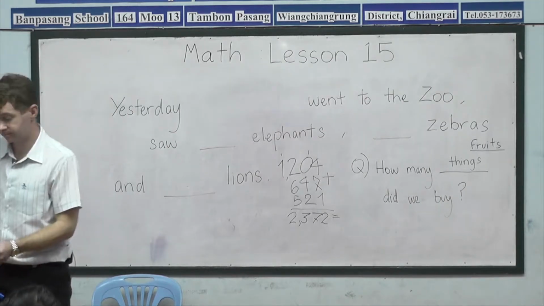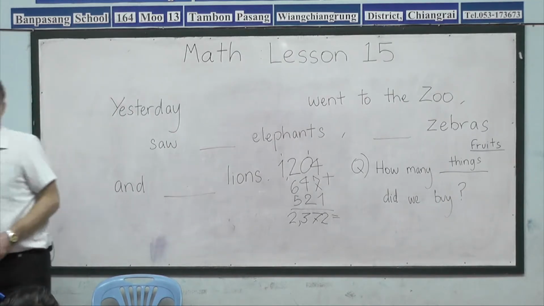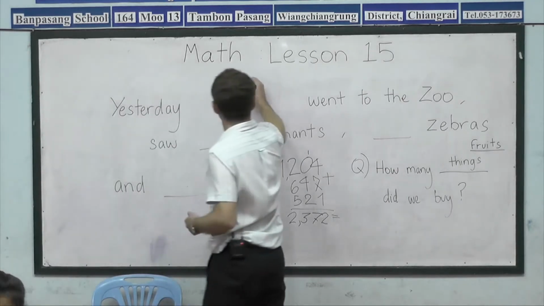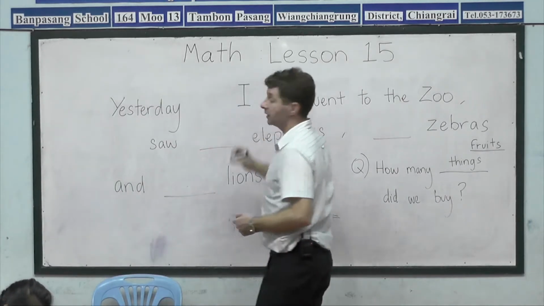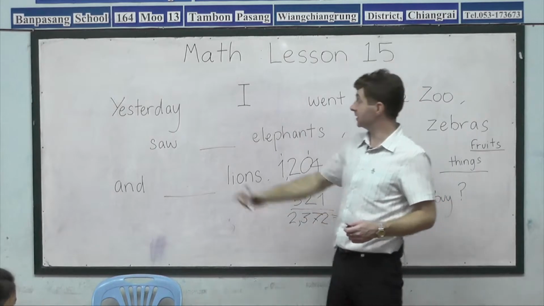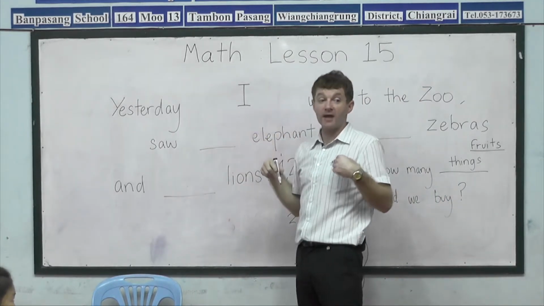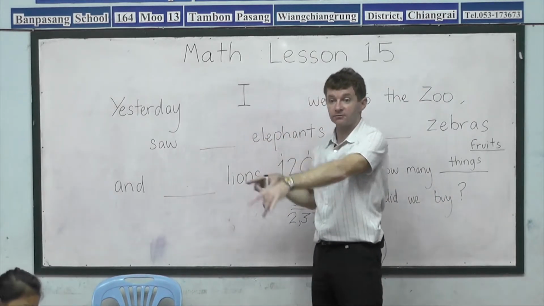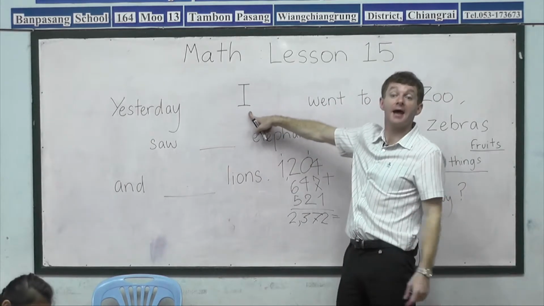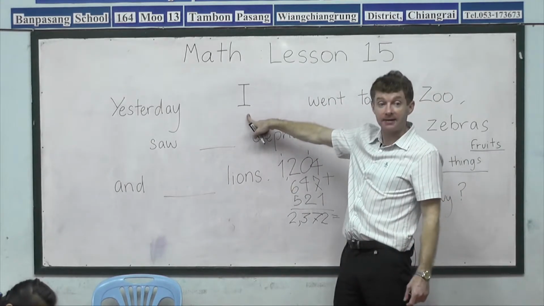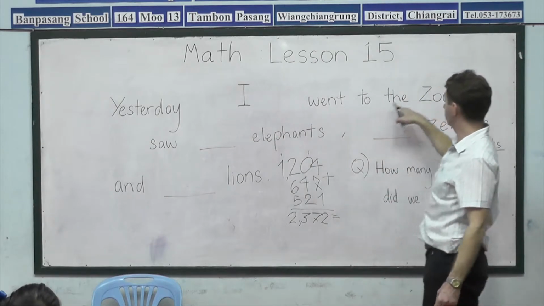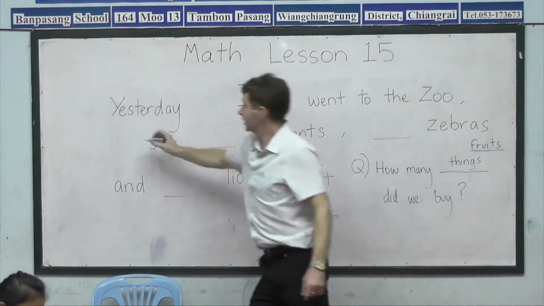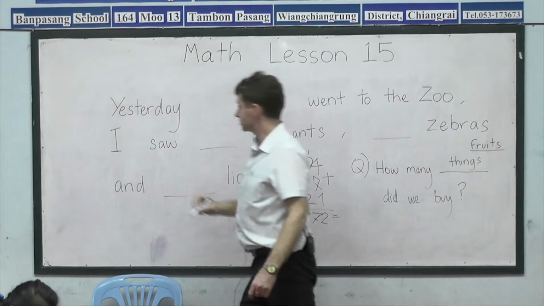So if you want to use this one, you can. Yesterday, not Teacher Wes, you talk about yourselves, so use the pronoun I. I went to the zoo. I saw.